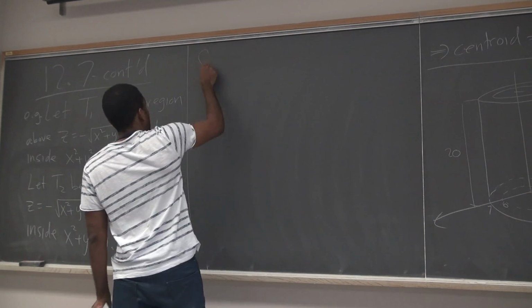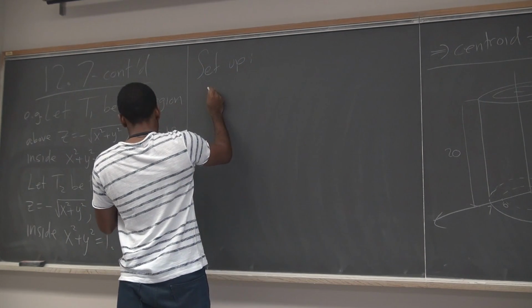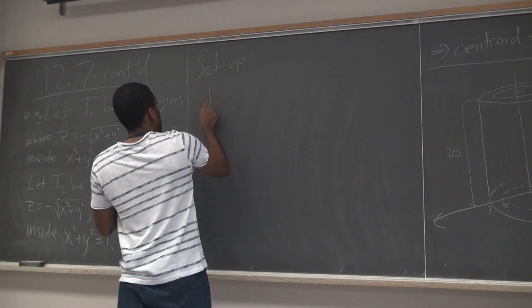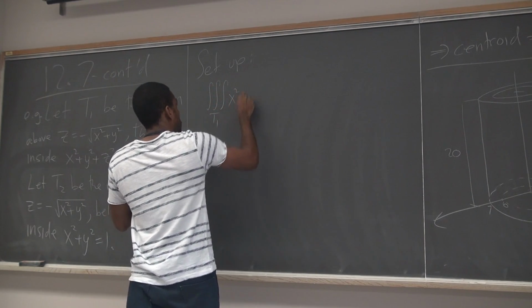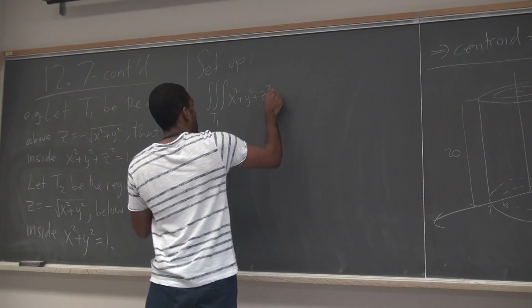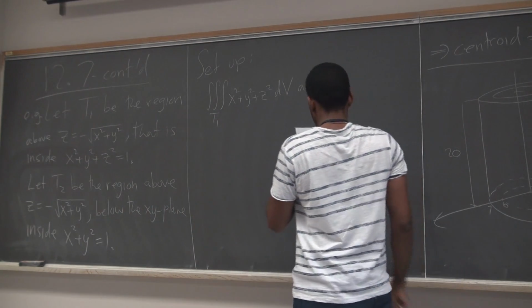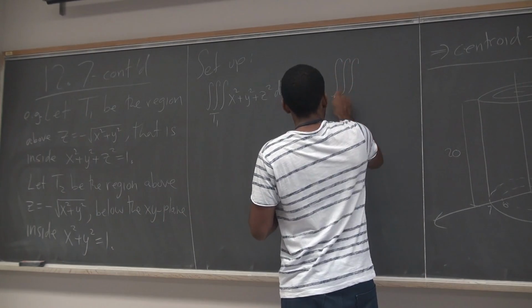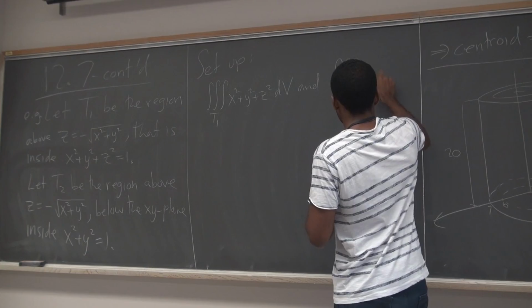Here's what I want you to do. Set up two integrals. Set up the triple integral over the object T1 of x squared plus y squared plus z squared dV, and the triple integral over T2 of x squared plus y squared plus z squared dV.